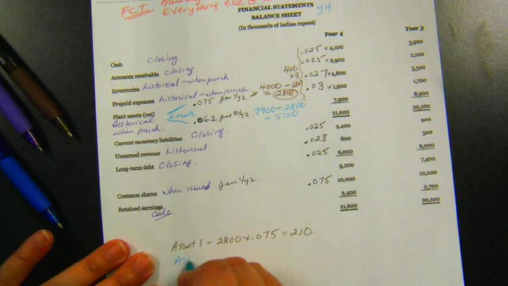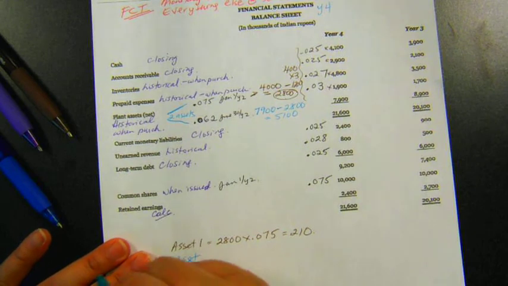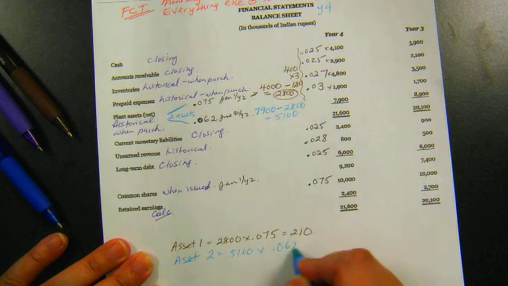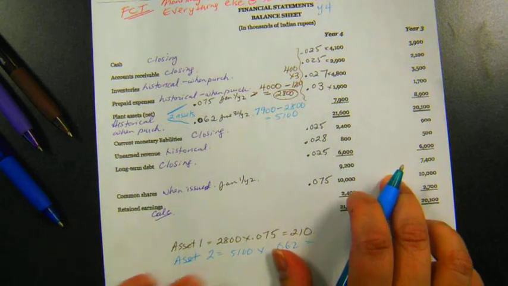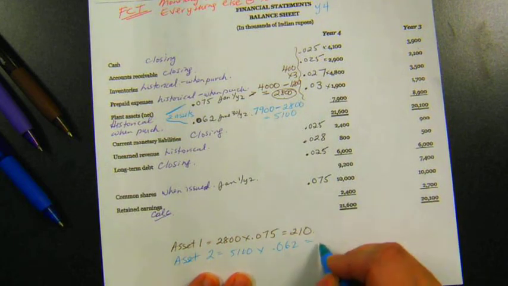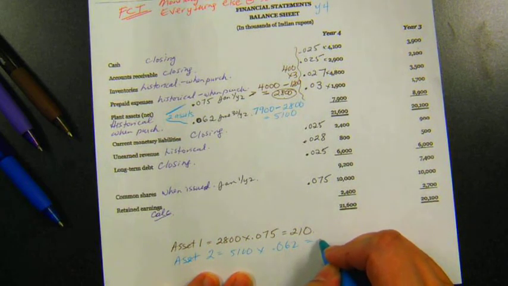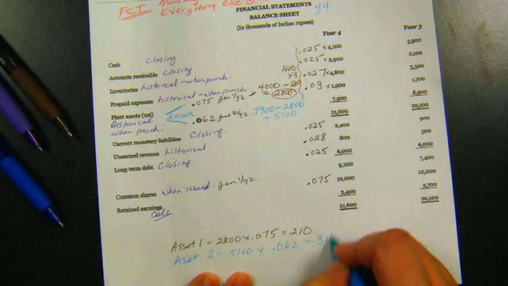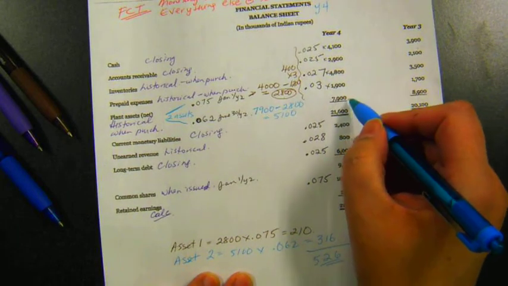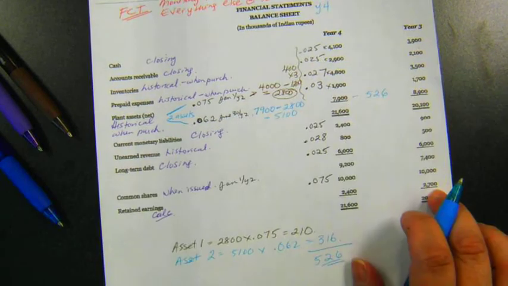But asset 2 is 5,100 times 0.062. And again, if someone could tell me what that number is. 316. So together, hopefully they add to 526, because that's what I got. And that's the amount that will go over here.